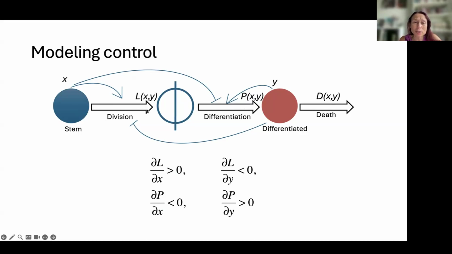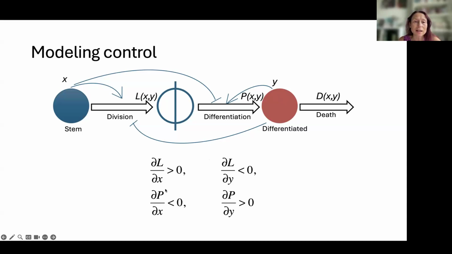Basically, once I decide to divide, I can either divide into 2 of the same type or 2 of the next type. So this is a very common paradigm in human epithelial tissues. And also the differentiated cell may decide to die.